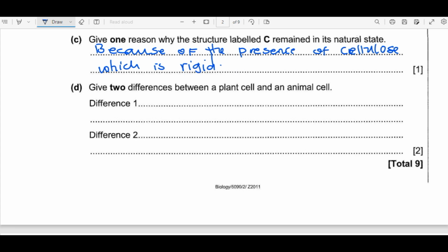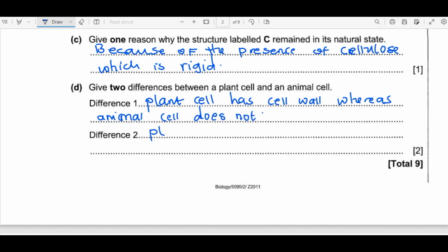The first one, difference number one: a plant cell has a cell wall, whereas an animal cell does not.